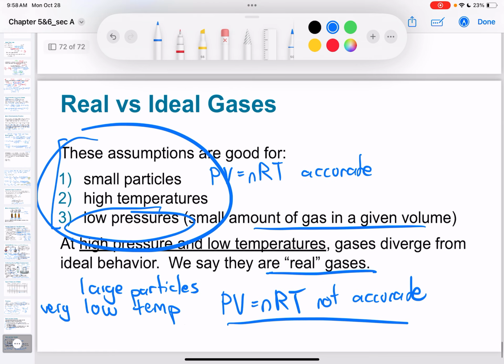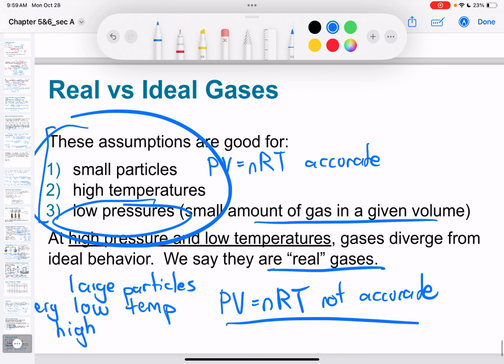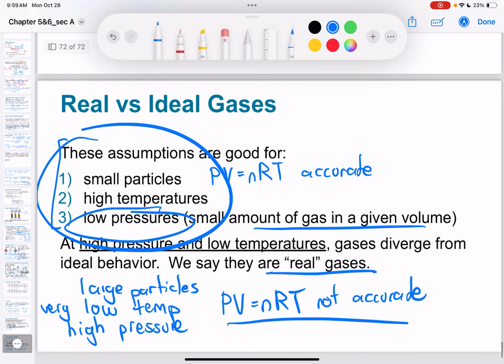If we were to have the opposite conditions, where we had big particles, or really low temperatures, or a lot of gas in a small amount of volume, which is another way of saying high pressure, we would label these as real gases, and it would require us to do some additional calculations because PV equals nRT would not be particularly accurate with these conditions.